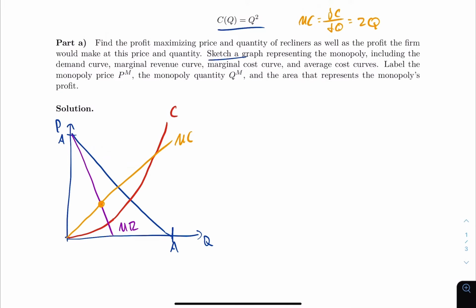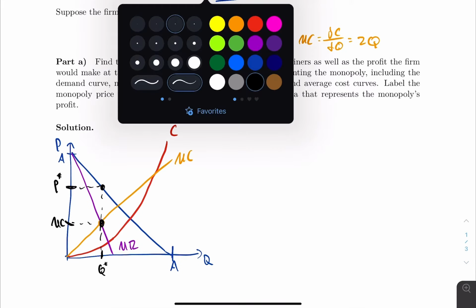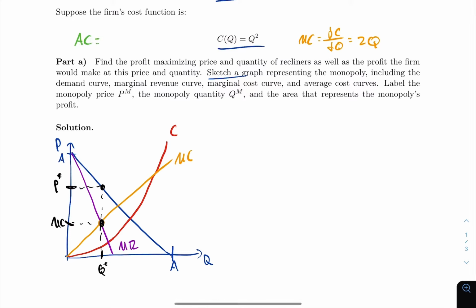So we find the firm's optimal choice where MC equals MR. So this is our Q star. And this is our MC and the price. We also want average total cost, or average cost, which is C over Q, which is just Q. So it's a little flatter than MC, so it looks like this.